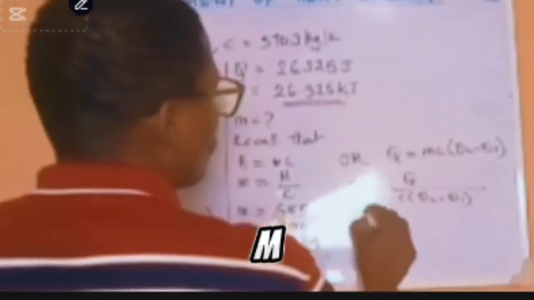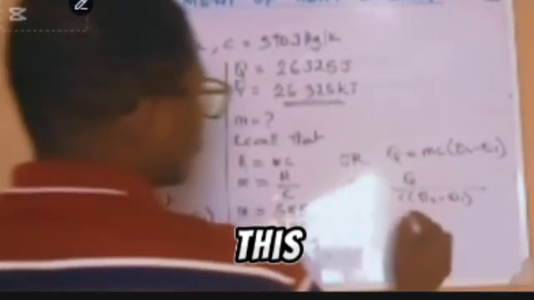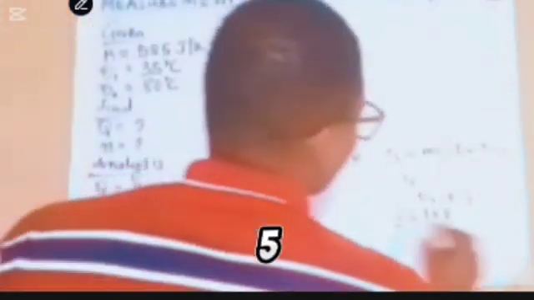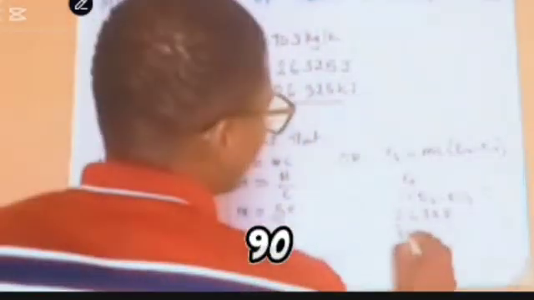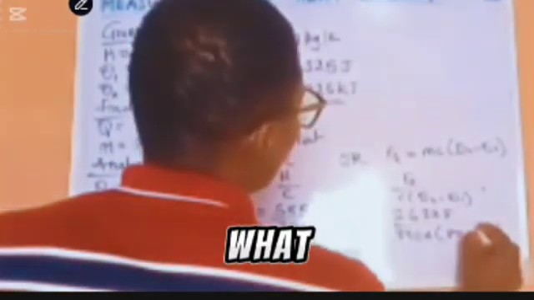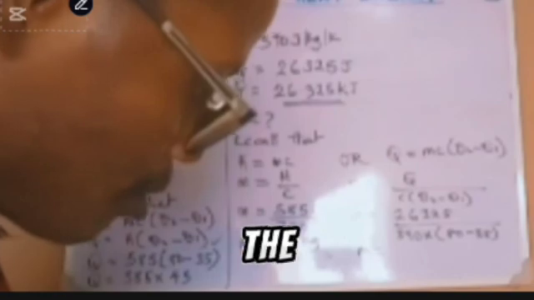So you have M to be equal to our Q that we got, 26325 divided by our C, 390, times 80 minus 35. So let's see what we have for the denominator: 390 times 45.